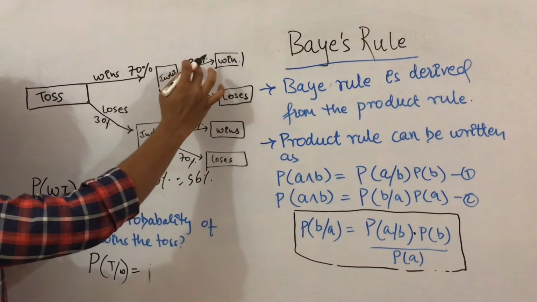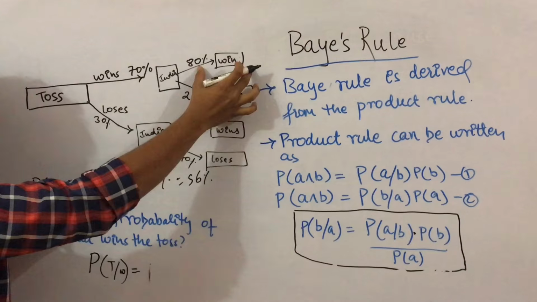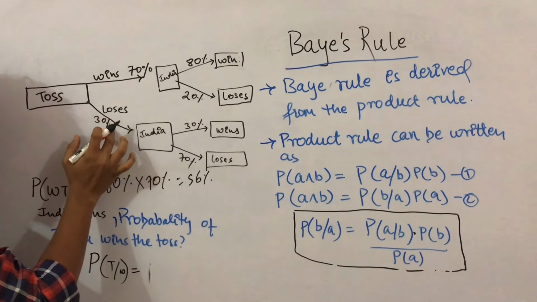There is an 80% chance that India will win the match when India wins the toss, and a 30% chance that India will win the match when India loses the toss.